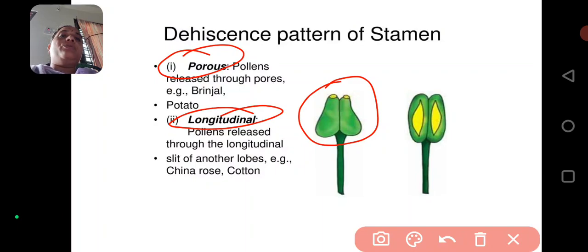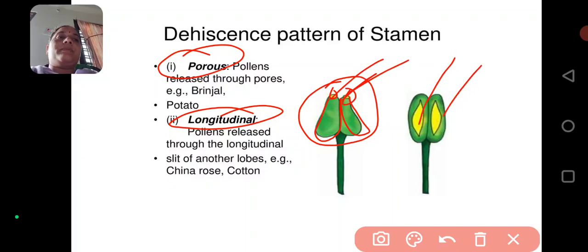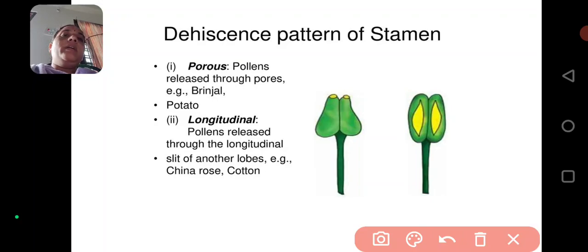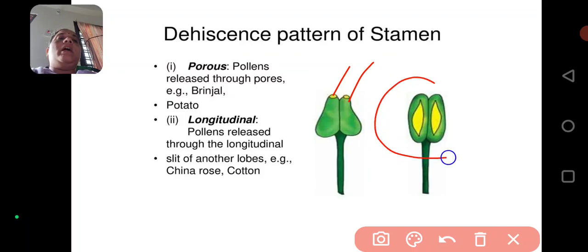Pollen released through the pores is called as porous. These are the anther lobes, and the lobes have pores. These yellow color parts are called as pores. Okay, the pollen grains released through the pores is called as porous. Example, brinjal and potato.